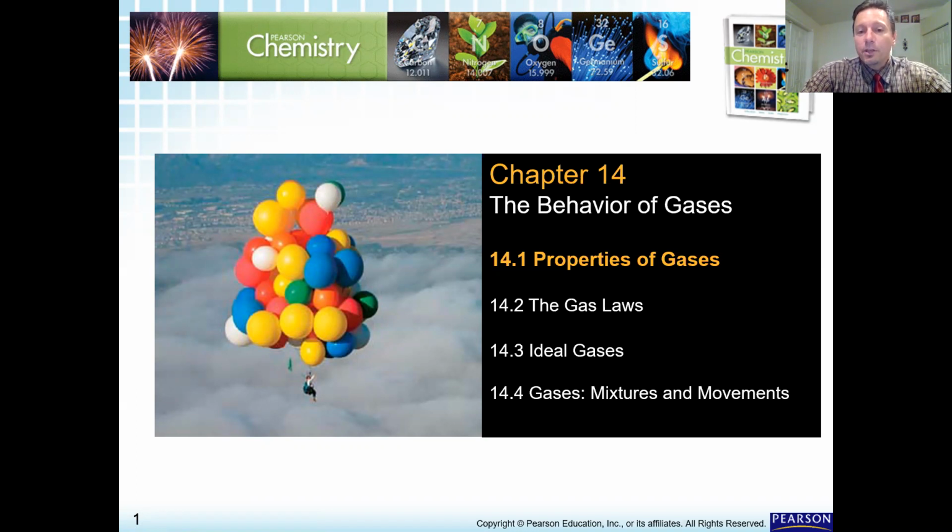Well, the reason behind that is this particular section will actually help you to further understand the kinetic theory as it pertains to gases, which is what we covered in 13.1, if you think back onto that. So this will actually be of help to you. It'll help you review that particular section. So today we're going to begin 14.1, the properties of gases. So we're going to look at it just a little closer.